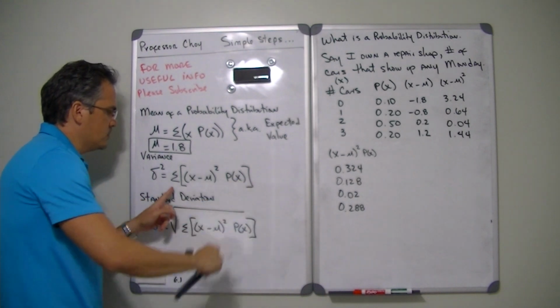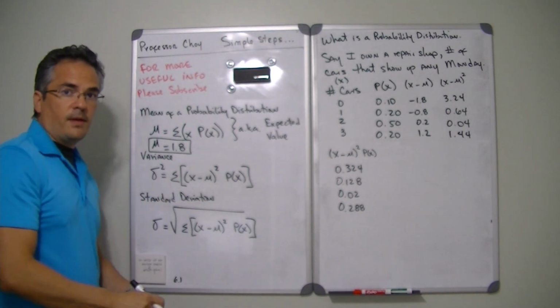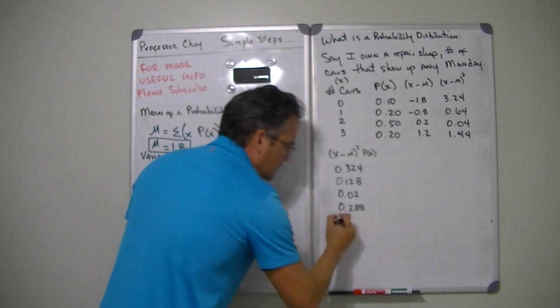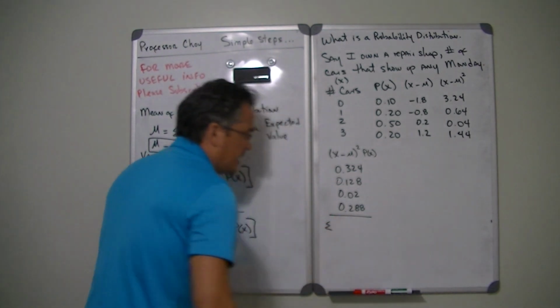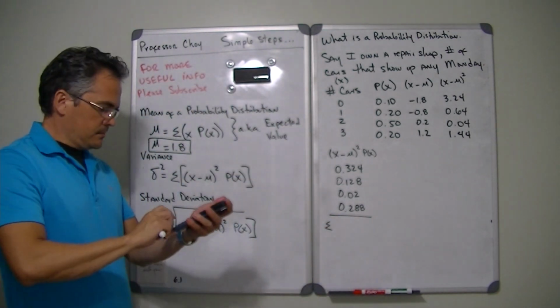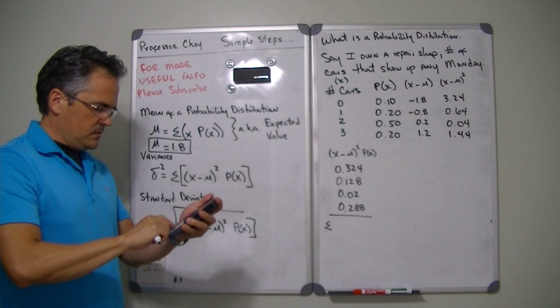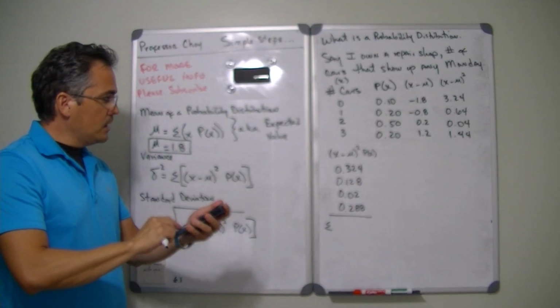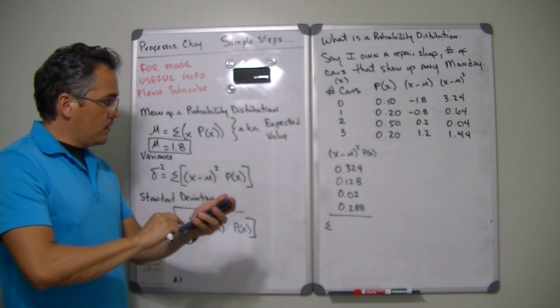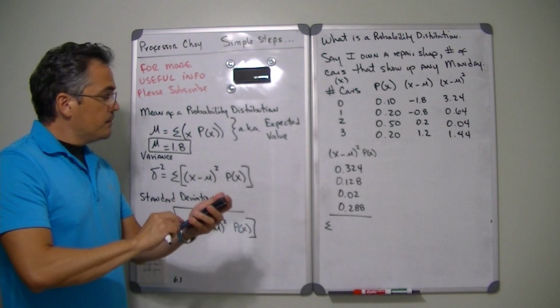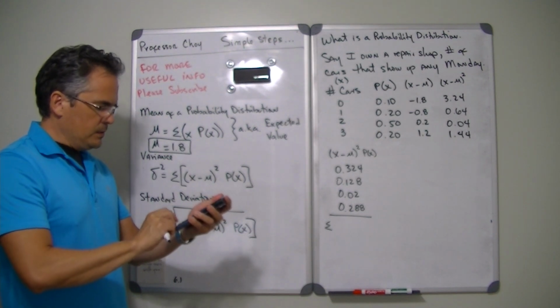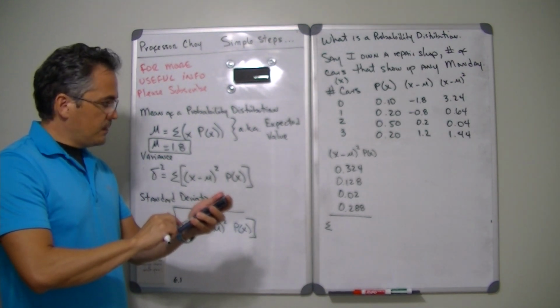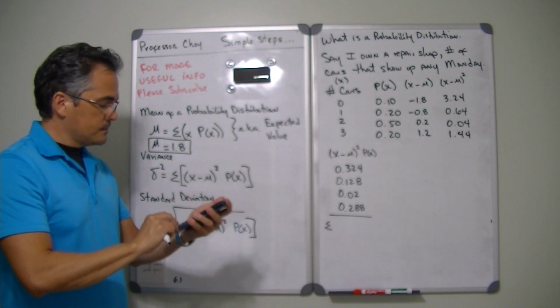Alright, now I got to do summation. Summation basically means add. So I'm just going to take this and add it. So I'm going to do 0.324 plus 0.128 plus 0.02 plus 0.288.